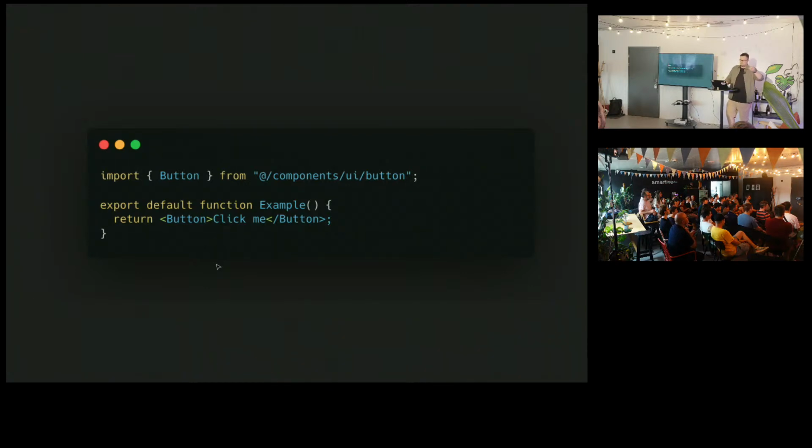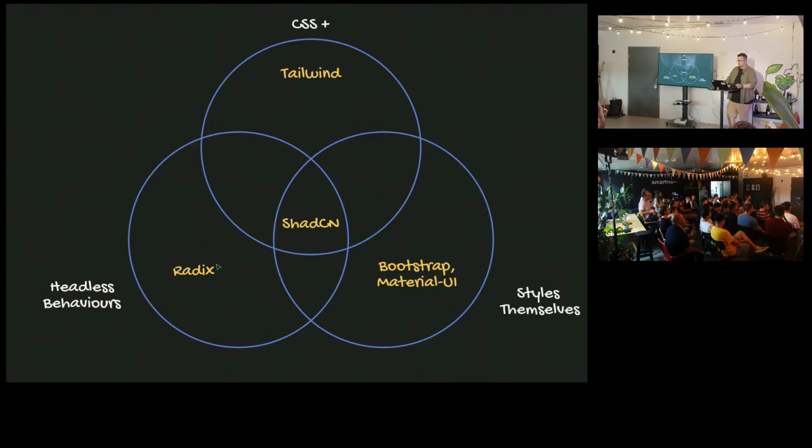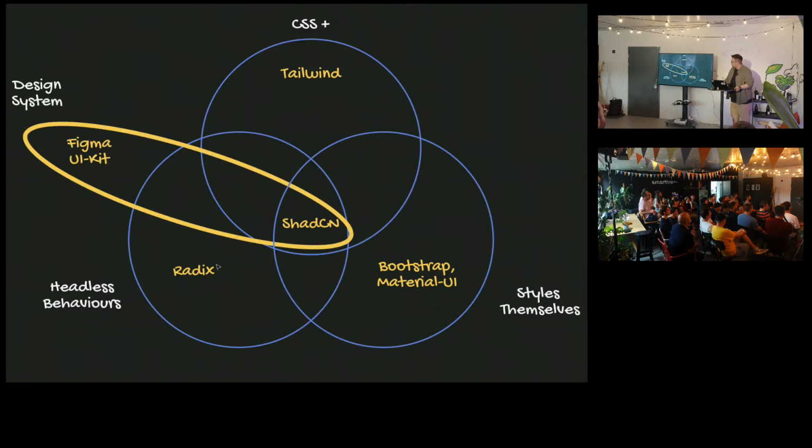But there's something more that also separates this library from the others. When we're back at this Venn diagram, we extend it like professionals do. And there's a Figma UI-Kit with it. That's also not the first library that has this. I think Bootstrap has about 20 of them or more. But it's a really well thought out design system that's behind it.